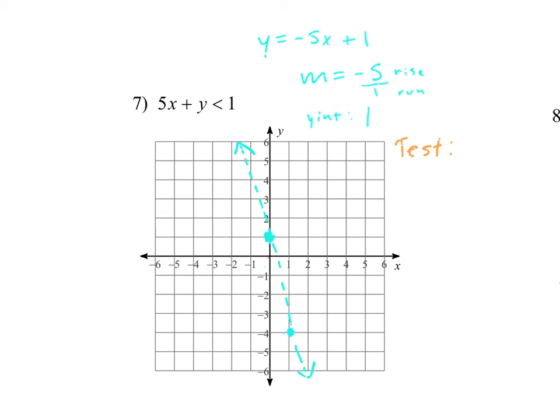So which side are we going to shade, the left side or the right side? If what we tested was true and 0, 0 is on the left side, then we shade the left side. So we just shade the side that 0, 0 is on because what we tested was true.